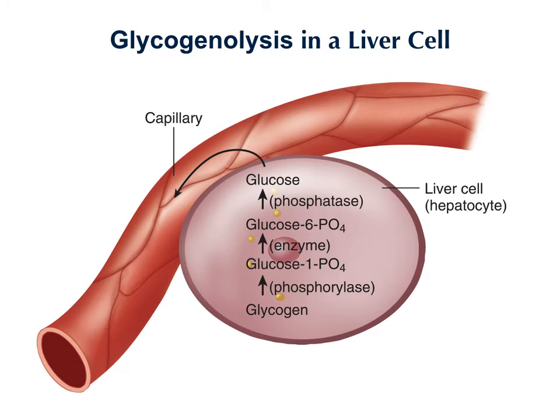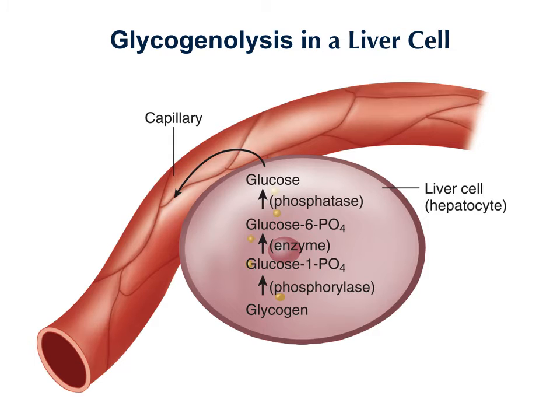Glycogenolysis is the breakdown of glycogen branches through catabolic reactions via the sequential removal of glucose monomers through phosphorylases. This is catalyzed by the enzyme glycogen phosphorylase. The glycogen is cleaved to produce glucose 1-phosphate and glycogen less 1 unit of glucose.